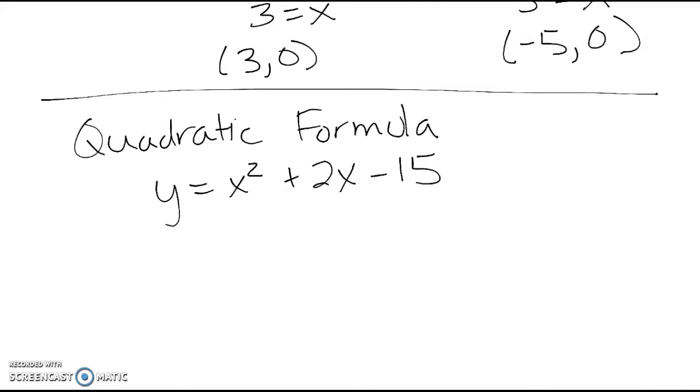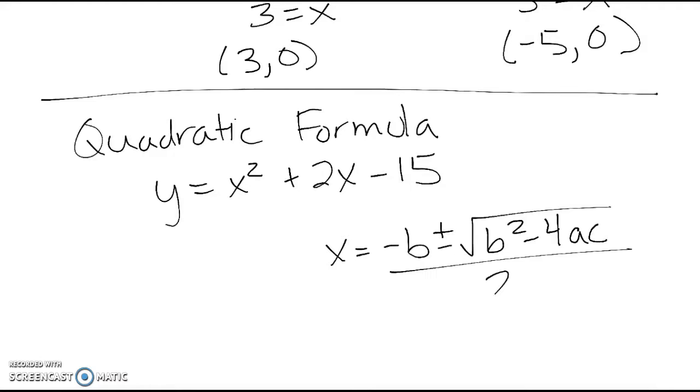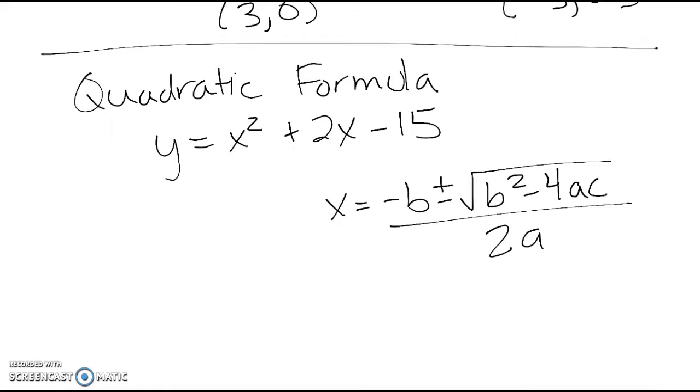So the quadratic formula is x equals negative b plus or minus the square root of b squared minus 4ac, all over 2a. Again, I'm going to let y equal 0 because I'm trying to find my x-intercepts.